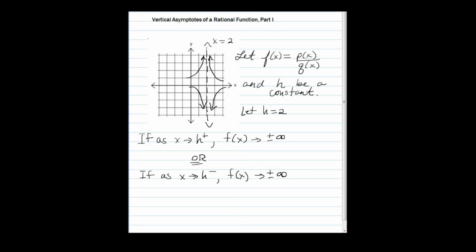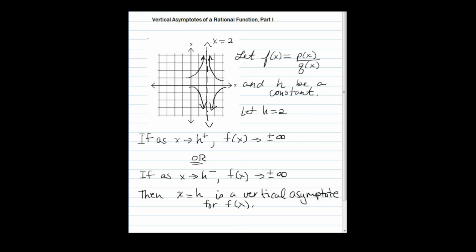If either of those cases is true, then x equals h is a vertical asymptote for my function f.